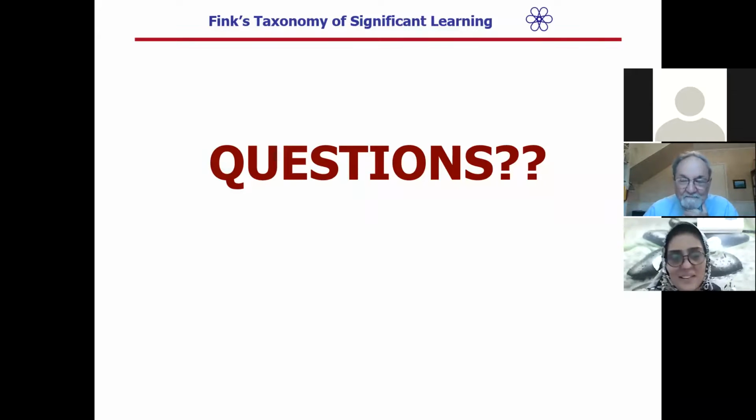Okay. Sure. Thank you so much, Prof. Fink, for your informative presentation. I'm sure this is going to be very useful for faculty members, especially the application of your taxonomy on course design, and I think it's much more practical.